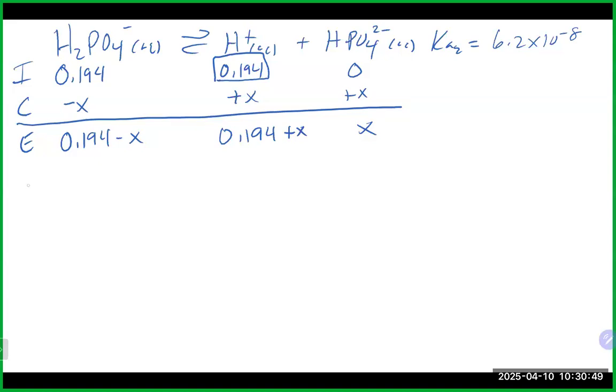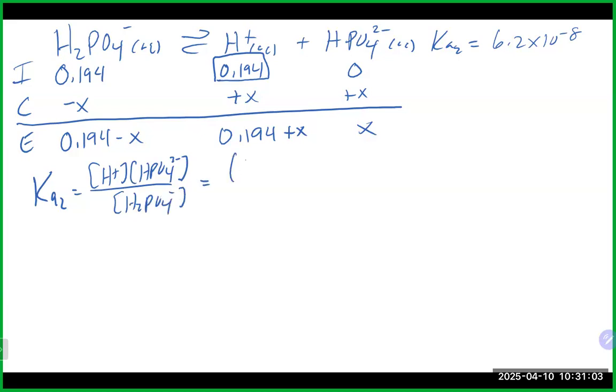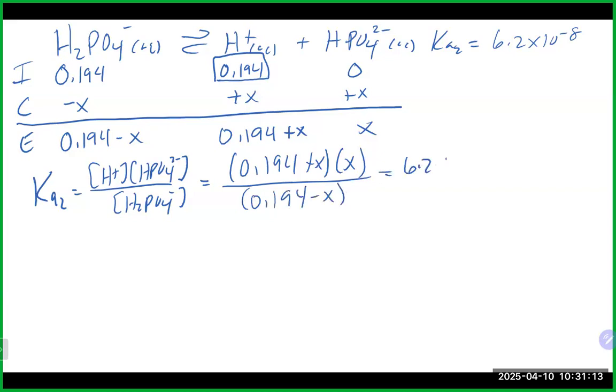This is going to go into our Ka2 expression here. And putting that in is going to get us 0.194 plus x times x divided by 0.194 minus x equals 6.2 times 10 to the minus 8.